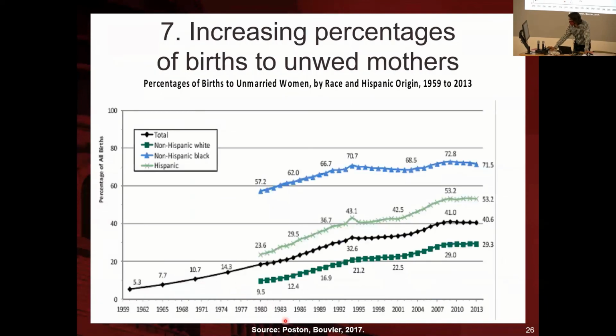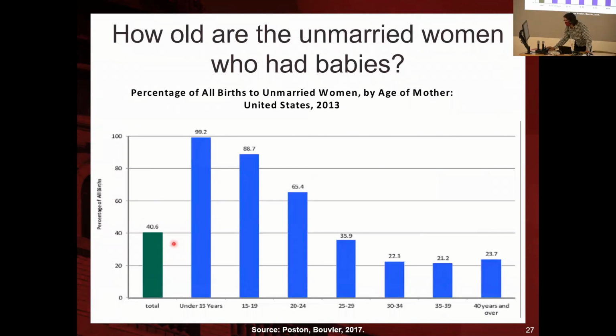So you see here, 2013, overall in the country, how many women had babies and were not married? 40.6%. 2013, the overall number of women who had babies, they were not married, 40.6. This number is exactly the same as this, 40.6. So only 2013.